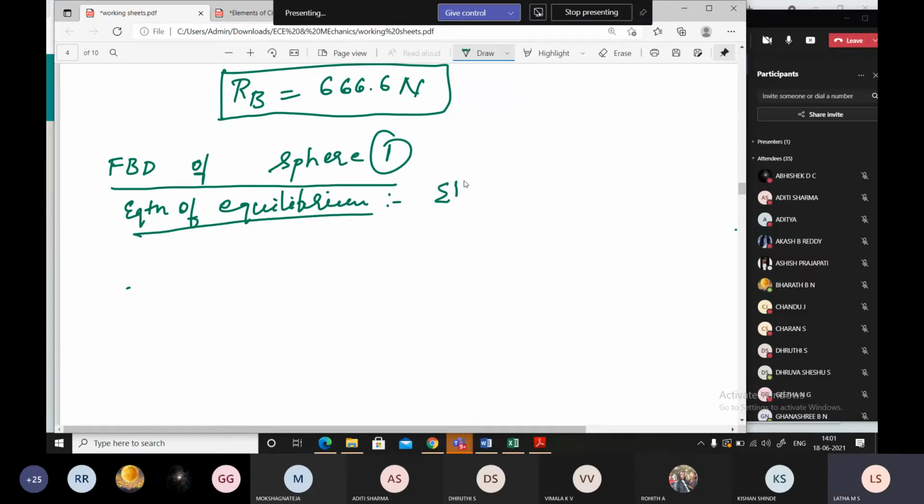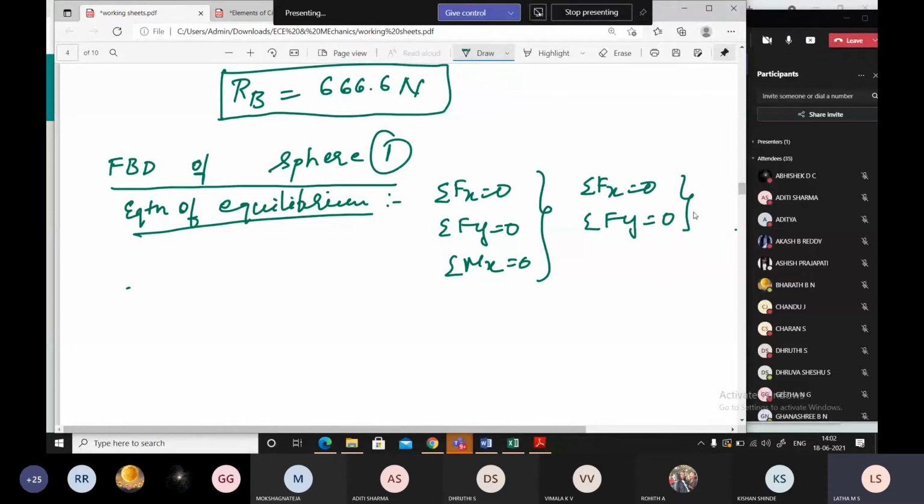We have sigma Fx is equal to 0. We have sigma Fy is equal to 0. And taking sigma moment at x is equal to 0. But among the 3, how many am I using? I'm using only sigma Fx is equal to 0 and sigma Fy is equal to 0. That's all. By using these two equations only, I'm getting the answers.